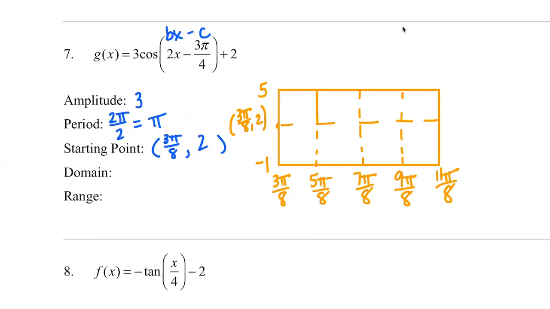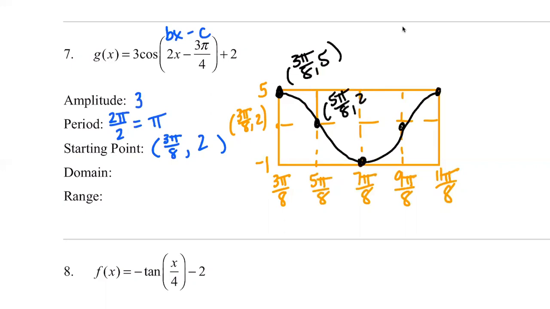Okay, this is a positive cosine curve. So we're going to start in the top corner and make our valley. Okay. So we have 3 pi over 8, 5. We have 5 pi over 8, 2. We have 7 pi over 8, negative 1. 9 pi over 8, 2.